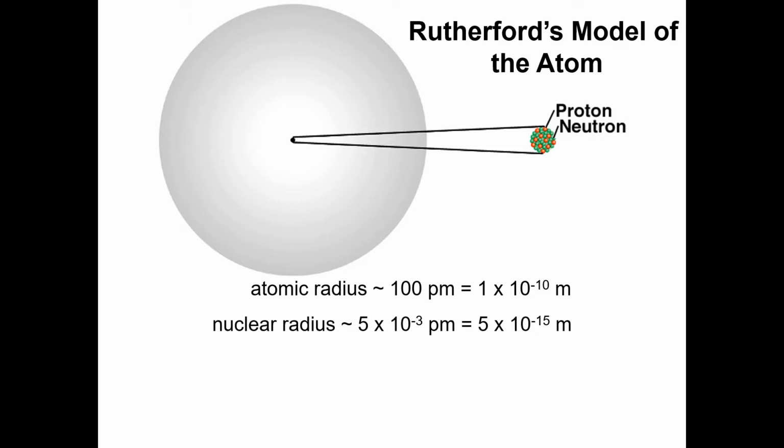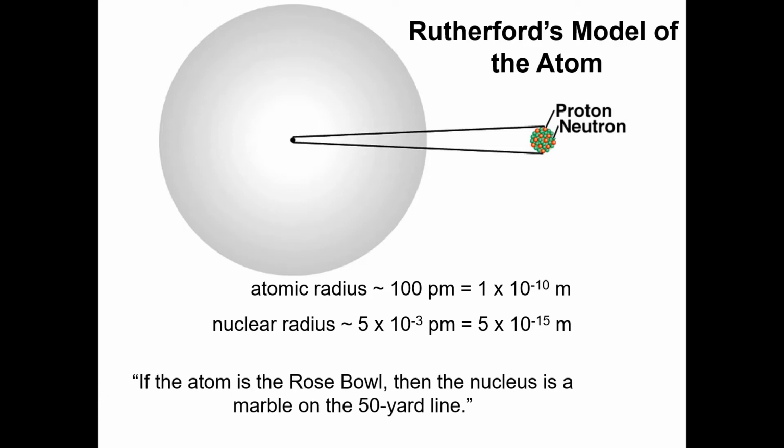Atoms are incredibly small particles, but if we could blow them up into something that makes sense to us, we would say that if the atom is the Rose Bowl, then the nucleus is like a marble on the 50-yard line, just to give us a sense of the dimensions of these subatomic particles. In Chem 1A, we also learned some definitions.